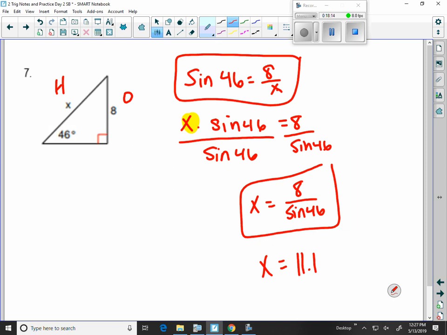I want you to try number 8 all by yourself. Don't worry about solving for the other side for number 7. I realized that it was talking about just x.